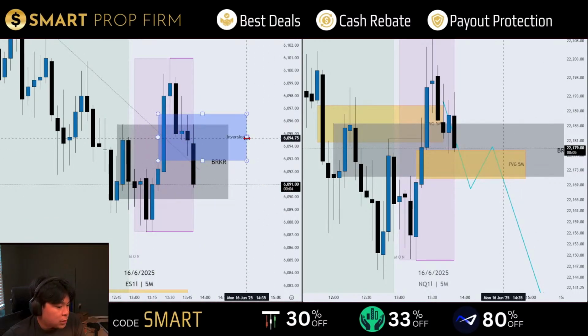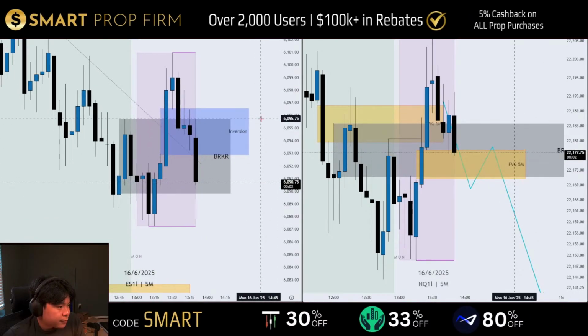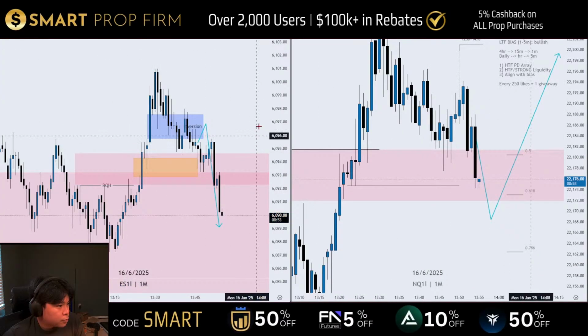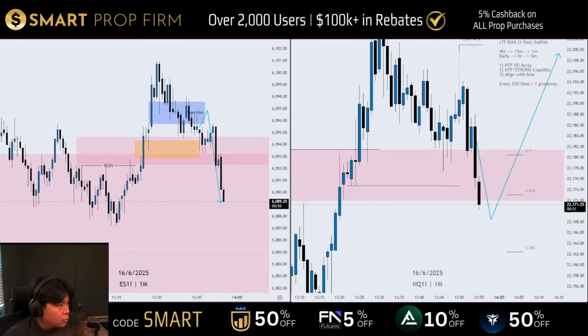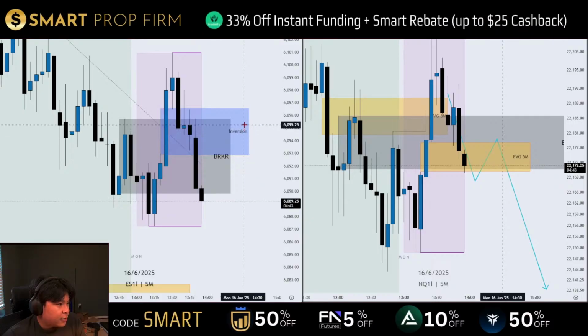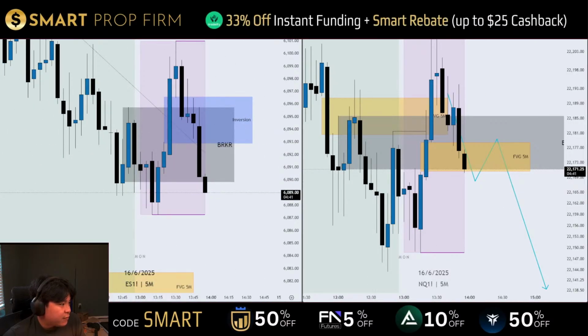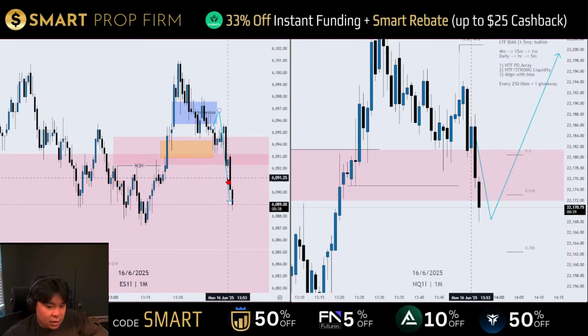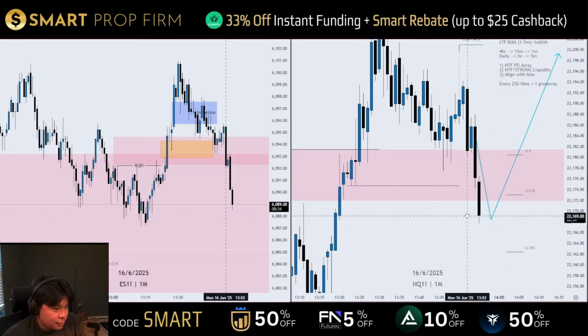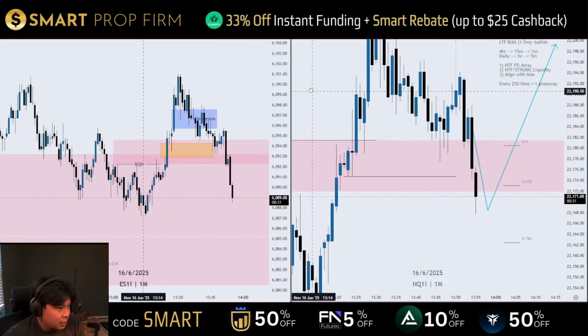Okay, we're most likely looking for this short here. 2 p.m. closure too, so we're gonna wait for a retracement. If there's no retracement, it's gonna look ugly. But what a deep drive.